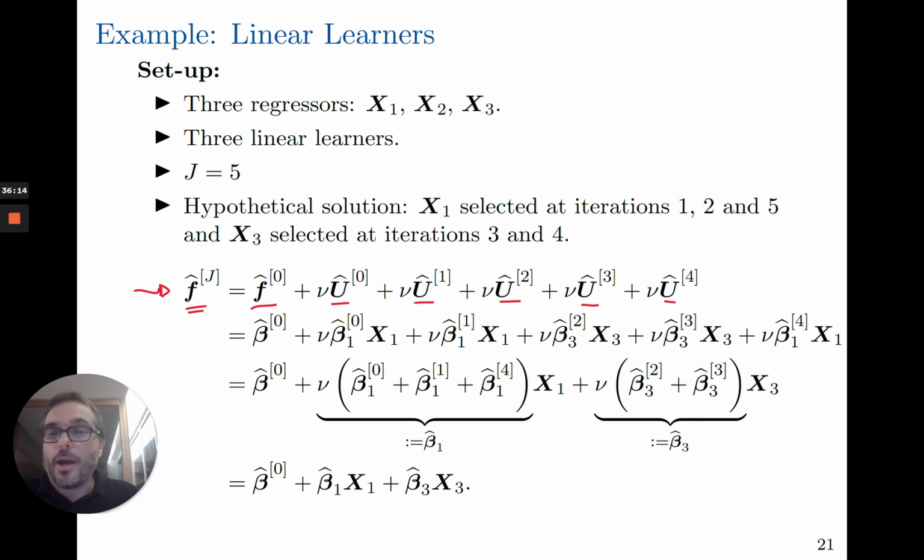Beta 1 is nu times the OLS estimator from the models at iteration 1, iteration 2, and iteration 5, and beta 3 will be nu times the OLS estimator of iteration 3 and iteration 4.